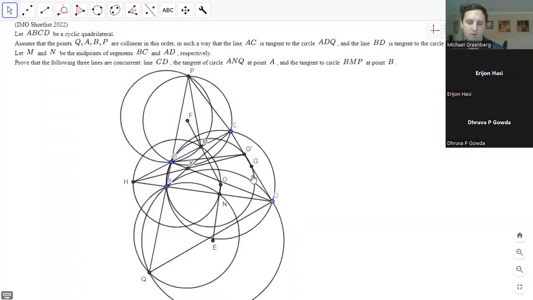We can now find, for example, angle NQA. NQA or MQA? Which will be equal to NAG prime. Yes, NQA is equal to NAG prime.